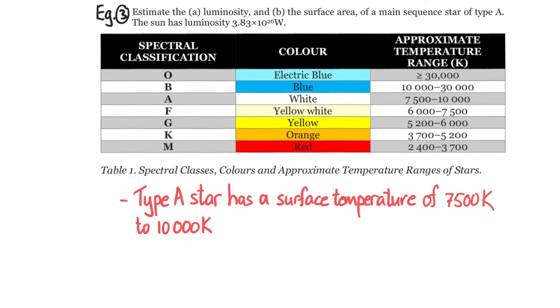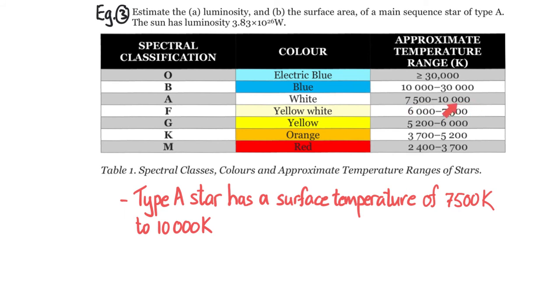So what we do firstly is we go to the table. Now, obviously, we would not expect you to know this table to every detail off by heart. So we have this table, and a type A star has a surface temperature of 7,500 Kelvin to 10,000 Kelvin. So we've got a type A star there, so that would be a white star, as we would call it.